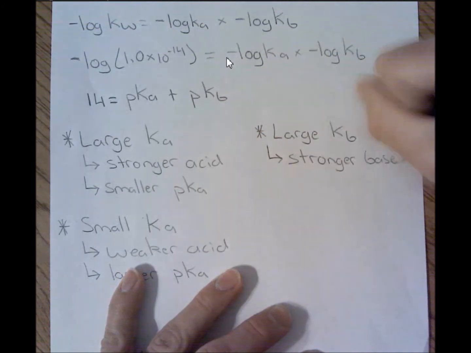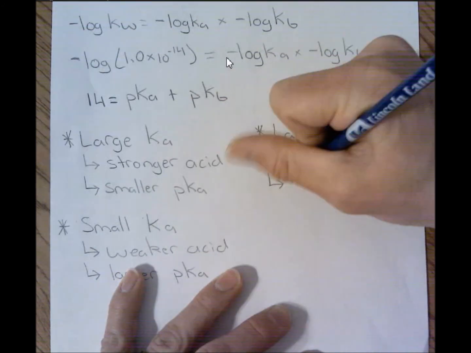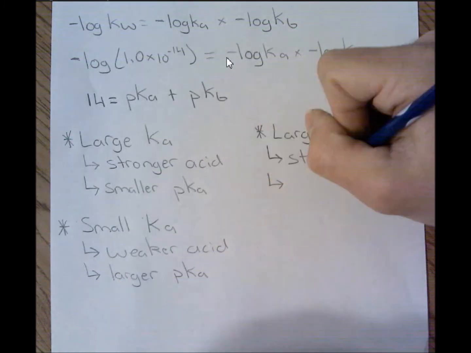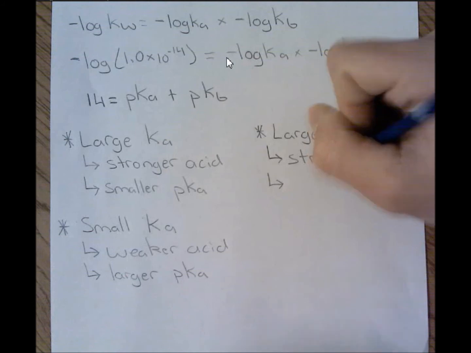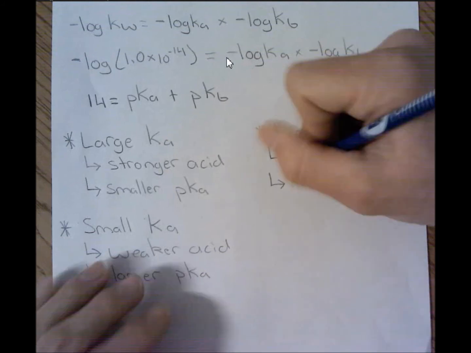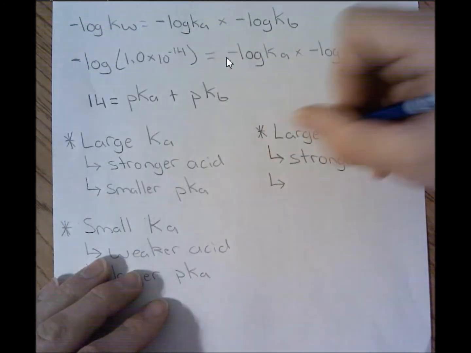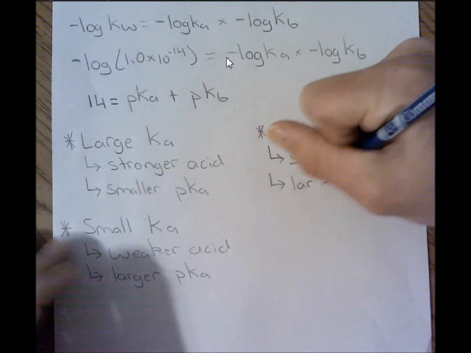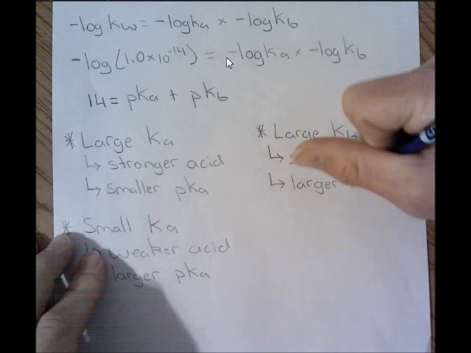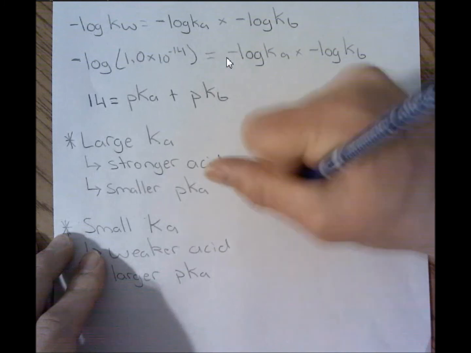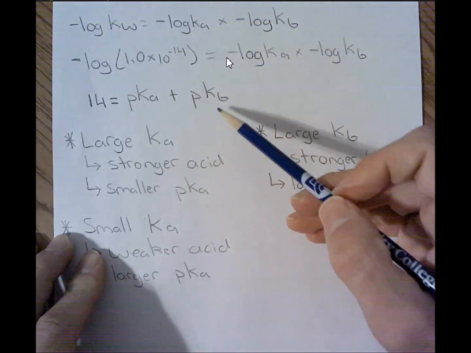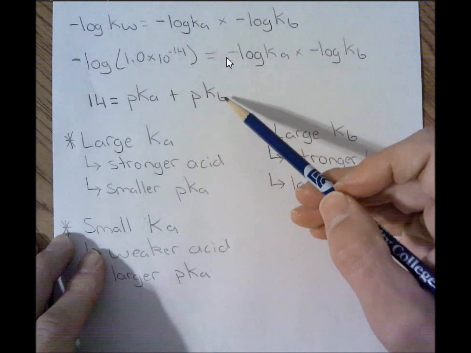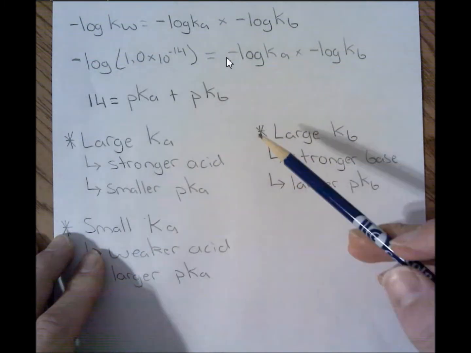And the other thing is, if we have a stronger base, that means we are going to have a larger pKb. And that makes sense. As you increase your pOH, you have a bigger number in that pKb here.